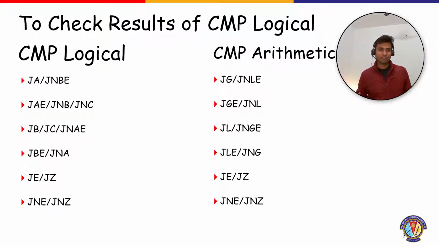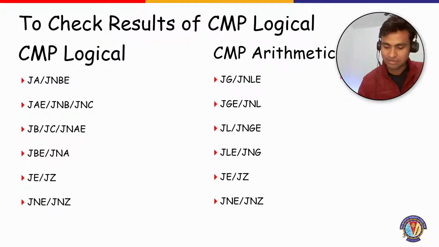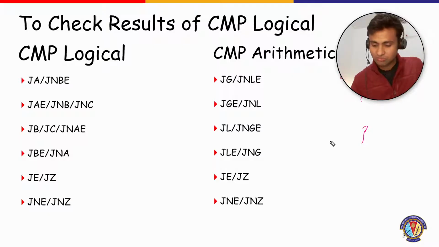If you're doing the logical comparison, then after doing the comparison you have to take a decision. Why have you compared this? So that you take a decision, and that decision basically boils down to a jump statement. Simply put, if you want to write in your C code that if cx is greater than bx, then do something, this would translate to first doing this comparison: compare cx comma bx.